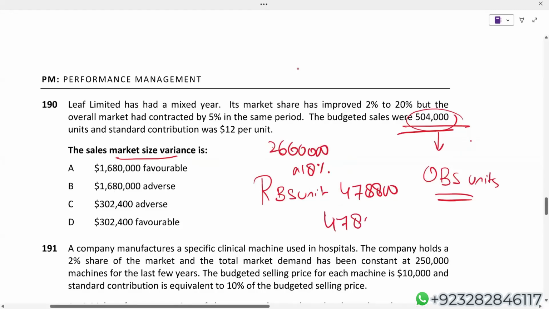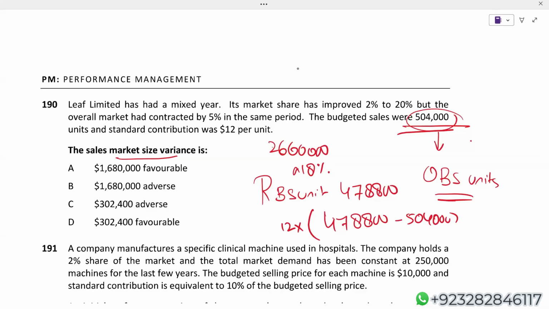Revised is 4,78,800 minus 5,04,000, into standard contribution of 12. So market size has reduced, so definitely the variance is adverse.